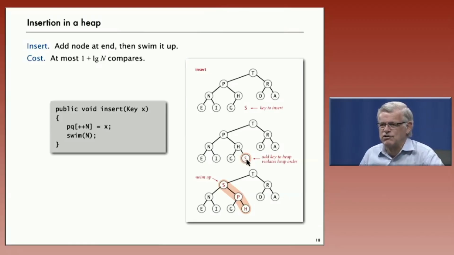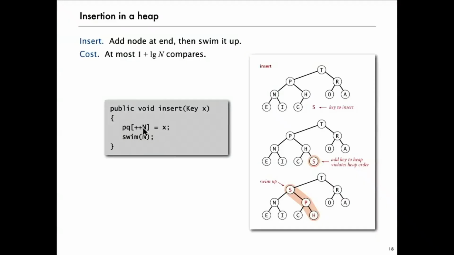But in general, we have to check whether the heap condition is violated and exchange it with its parent as long as it's smaller. And that's just performing the swim operation. So if N is the number of items in the heap, defined to be in the heap, we're going to increment it, store our new key there, and then perform the swim operation. So that's a quick implementation of the insert operation. And notice, since it's just going from bottom to top in the heap, it takes at most 1 plus log base 2 of N compares.